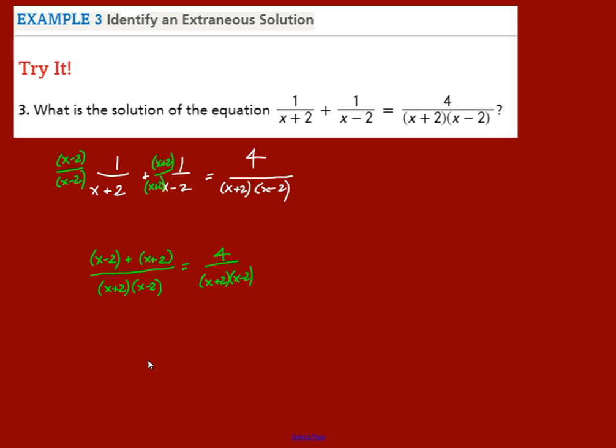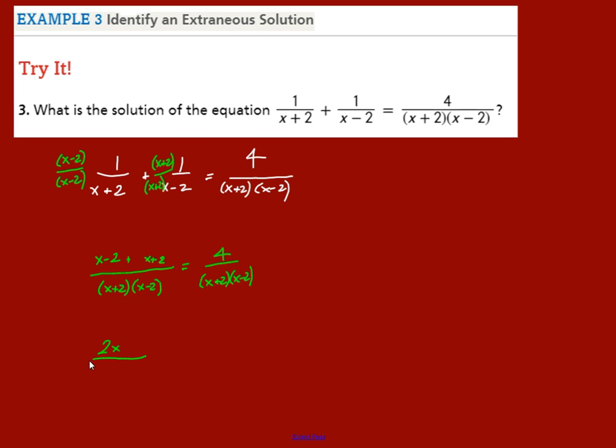But I don't want to do that yet, because I can simplify some things in the numerator up here. Because it's addition, I can get rid of the parentheses. This is x minus 2, x plus 2. So I have x plus x, which is 2x, and negative 2 plus 2, which is 0.